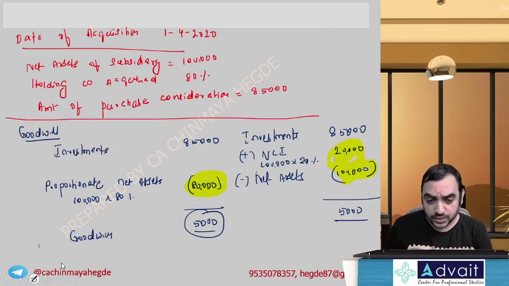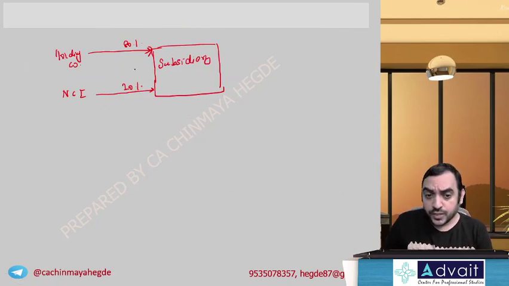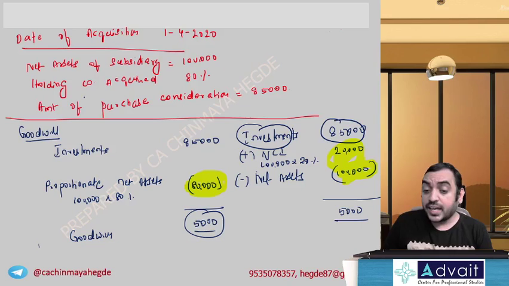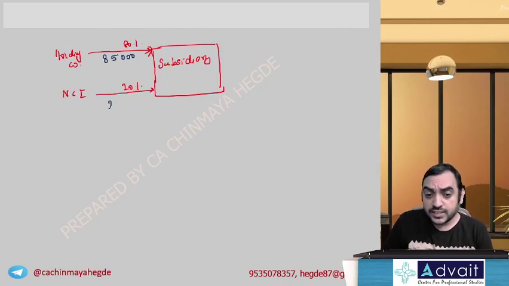Please observe this. Investments, we are writing 85,000. So the holding company amount valued is 85,000. Amount paid, purchase consideration, is the amount paid. But NCI, how are we valuing? 20,000. Is it proportionate? Do you think it's logical?